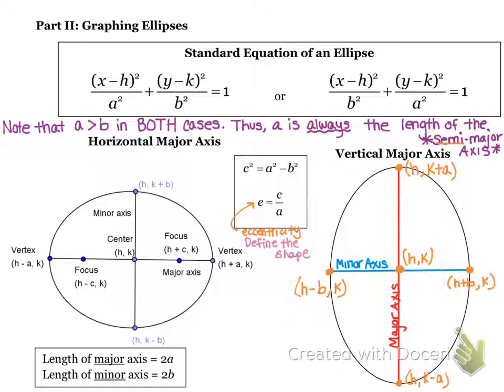And the last thing to label is going to be my focus, which is only on the major axis. Okay, so let's say it's right here. We have the h value, but then it affects k, since we're on the k axis, if you will, the vertical axis, k plus c. And then down here we have h comma k minus c.